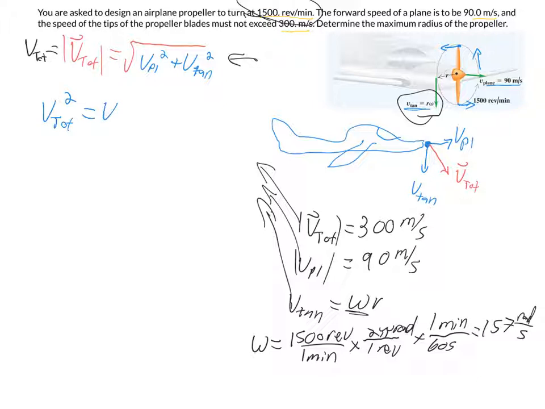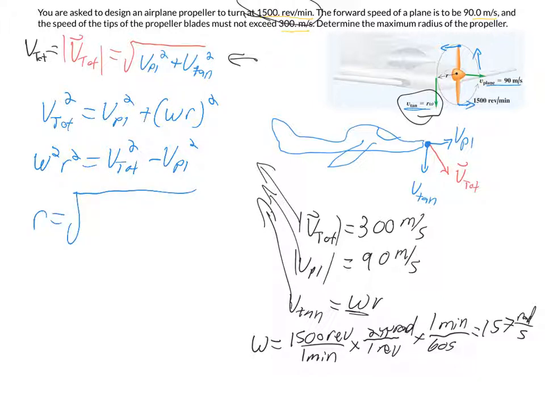So V total squared equals the velocity of the plane squared plus now V tangent is omega times r, quantity squared. I want to get the r by itself. So I have omega squared r squared equals V total squared, and then I'm going to subtract the V of the plane squared to the opposite side. And now I can divide by omega squared and take the square root. So r equals the square root of the total velocity squared minus the velocity of the plane squared, over the angular velocity of the propeller, quantity squared.